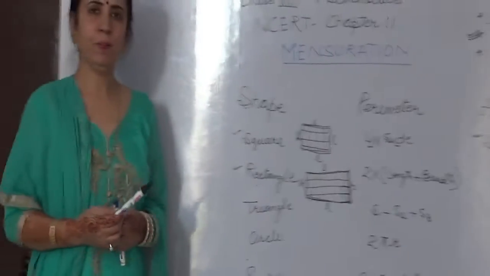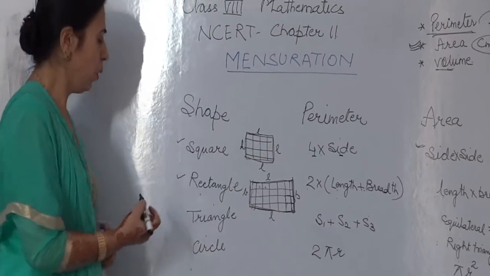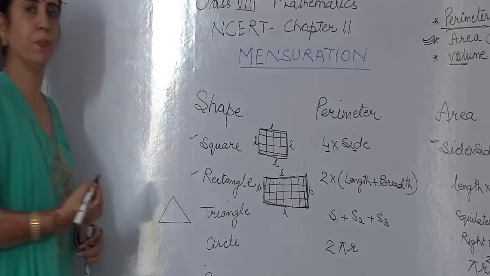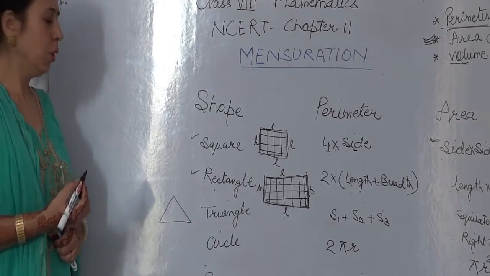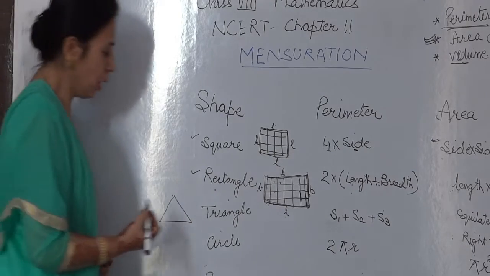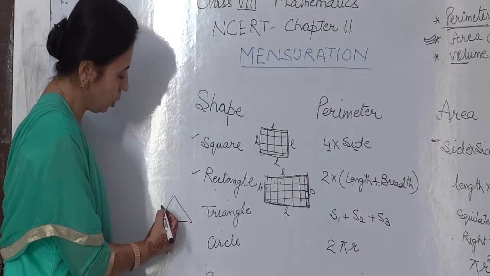Take another figure. We have a triangle. What is a triangle? Closed figure with 3 sides. You know, triangles can be equilateral. Equilateral triangle में तीनों sides.